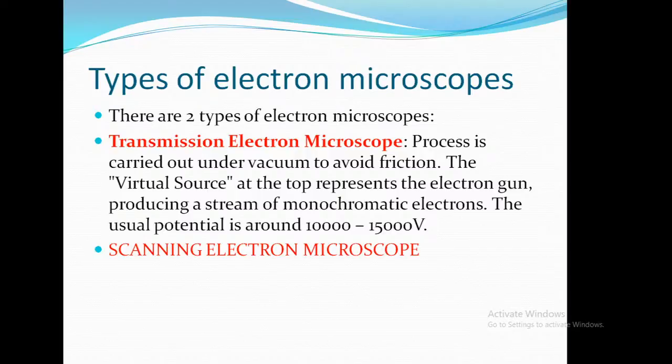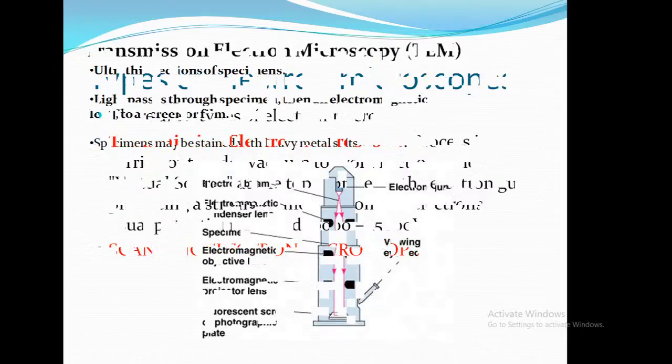It produces a stream of monochromatic electrons, and the accelerating potential is around 10,000 to 15,000. And the second type is the scanning electron microscope. We will see both electron microscopes in detail.